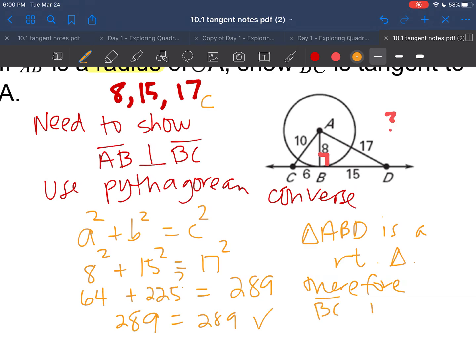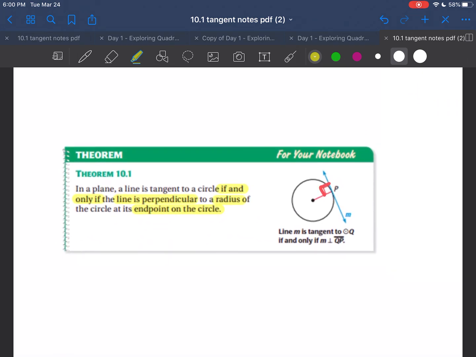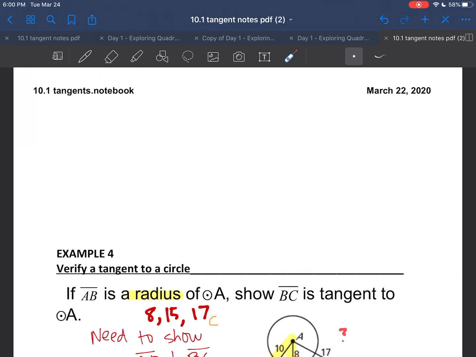Now I could have also used this 6, 8, 10 triangle. You would have found the same answer. The big thing about tangents is that we want them to be perpendicular to the radius.